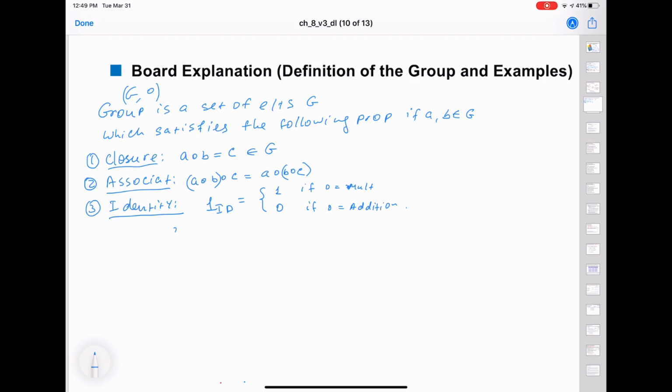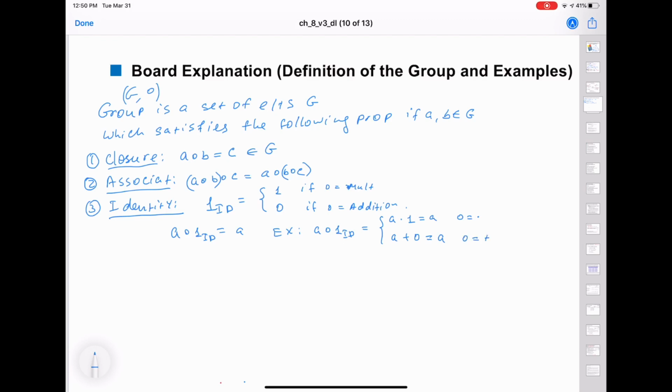It means that if you are doing a operation 1id, you have to get a itself. Let's do an example. A operation 1id: if you are doing a multiplication with 1, you have a. If your operation is multiplication, a plus 1 is not going to give you a, so our identity has to be 0 for addition. So in here, the operation is multiplication.